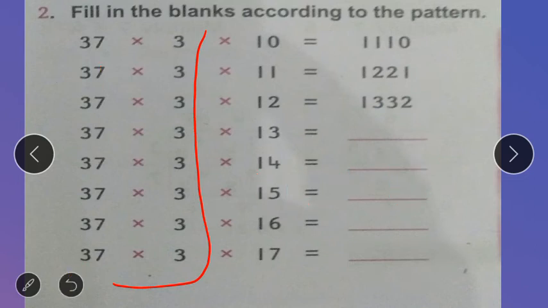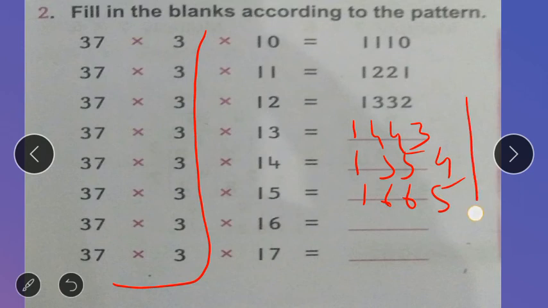See children, here 1332, then 1443, 1554, 1665. This number goes on increasing. Then 1776, 1887. Clear? Is it correct? Yes.